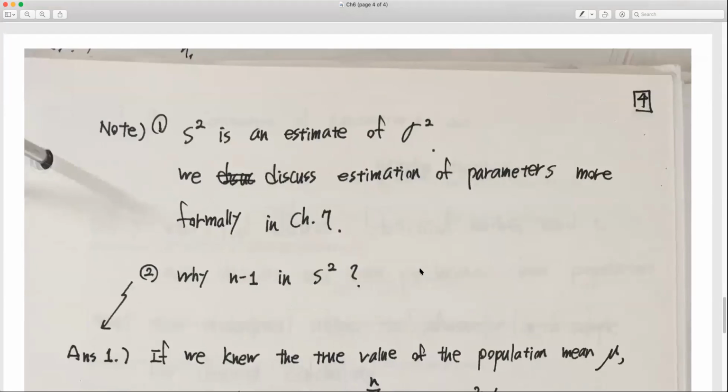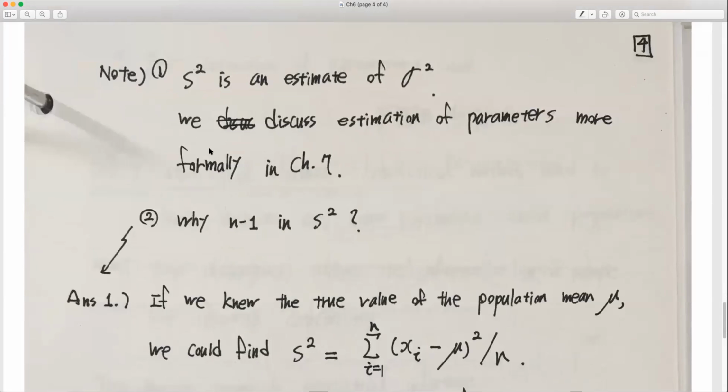So now, here's a note. Sample variance is an estimate of sigma square. We discuss estimation of parameters more formally in chapter 7. In chapter 7, we want to approximate the population parameters.